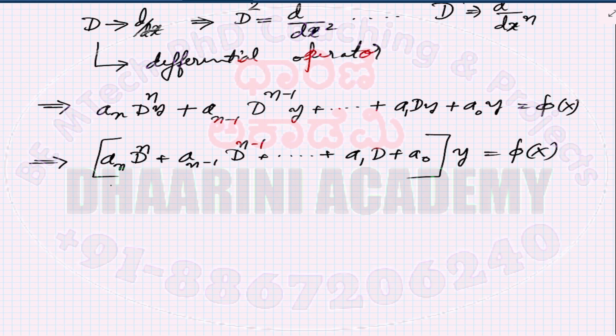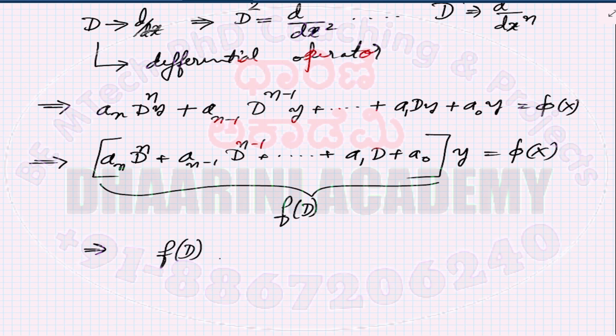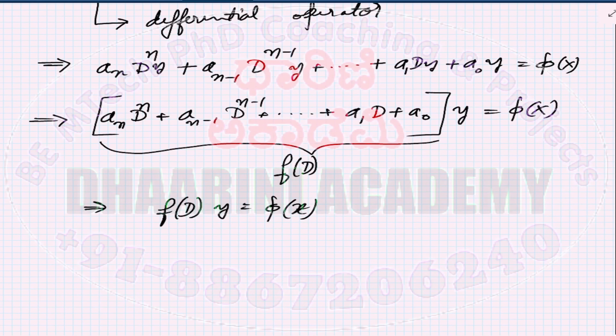So I'm going to call this a function of D. In short I can write this as a function of D into y is equal to phi of x. Now when I solve this equation, I have an answer for y.